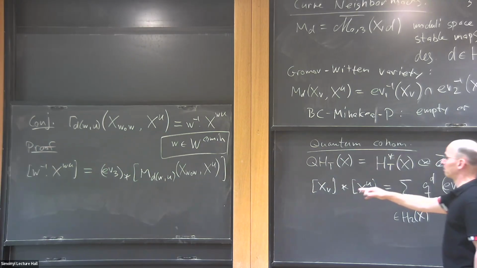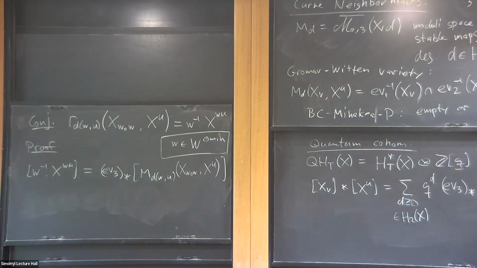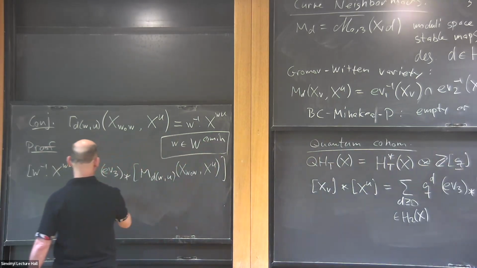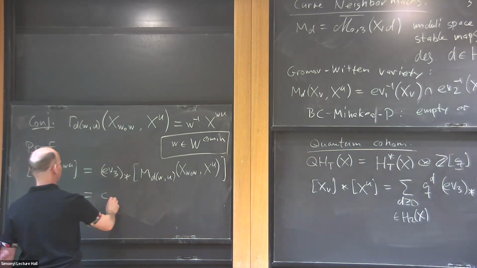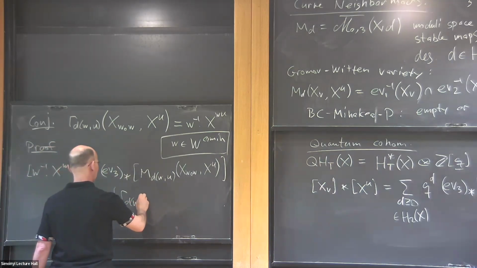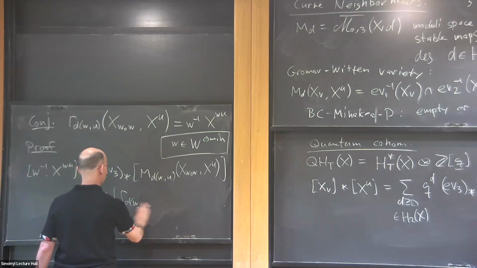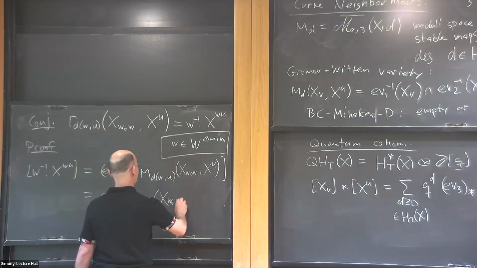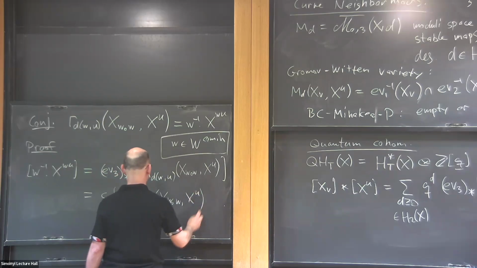Then the image of that Gromov-Witten variety is just a two-pointed curve neighborhood, right? So this will have to be equal to some constant times the class of the Schubert variety, the other one.